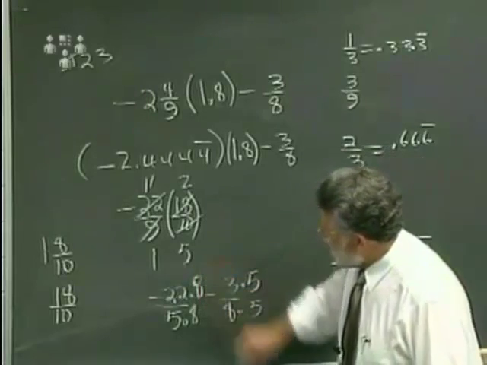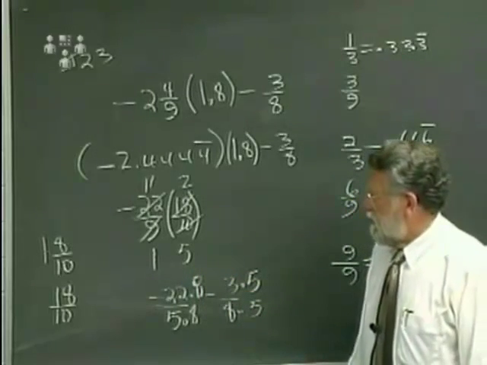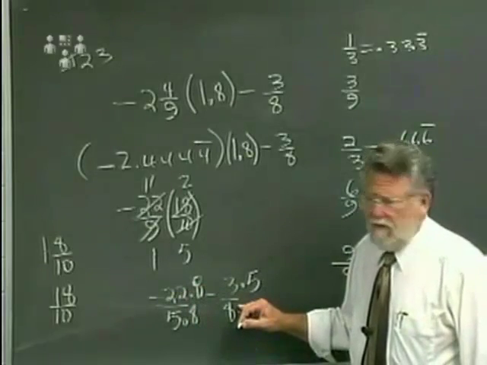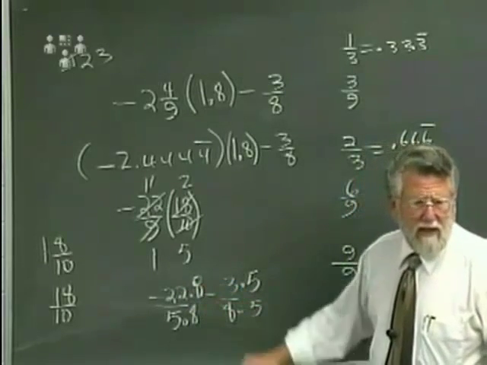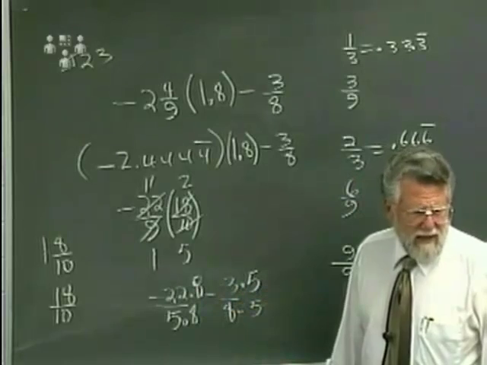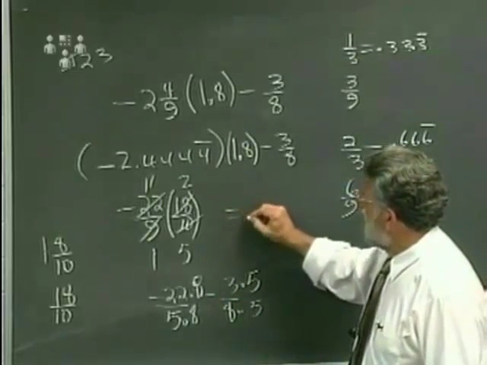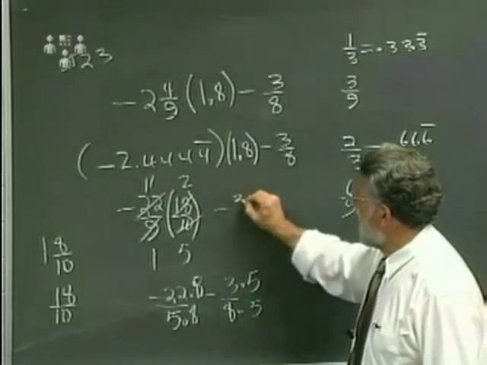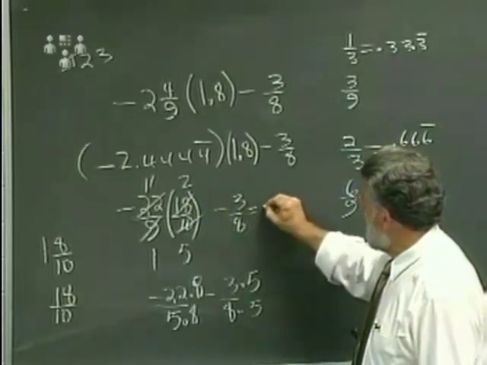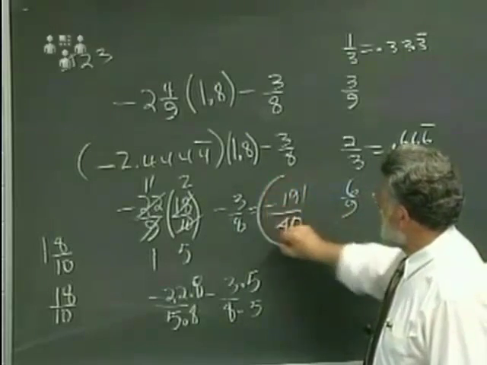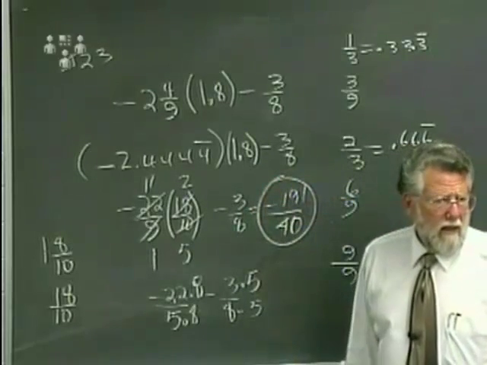That's a pretty sad-looking 8. But at any rate, that's a negative 176 and a negative 15. So that's negative 191. This becomes negative 191 over 40. And I just leave it that way.